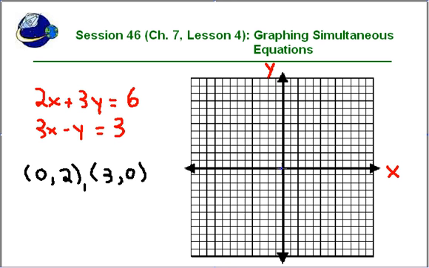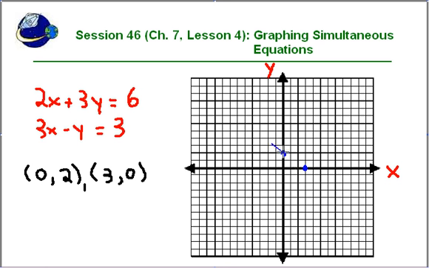The first one is 0, 2. So we come to our origin, where x is 0, and come up 2. There's our first point. Our second point is 3, 0. So I start at the origin, come over 3, up 0, which means I stay right there. That now represents the second point on that graph.